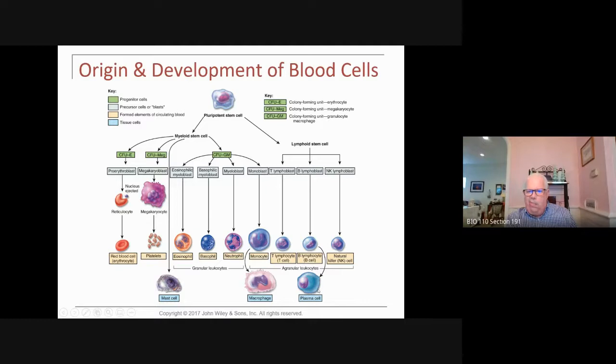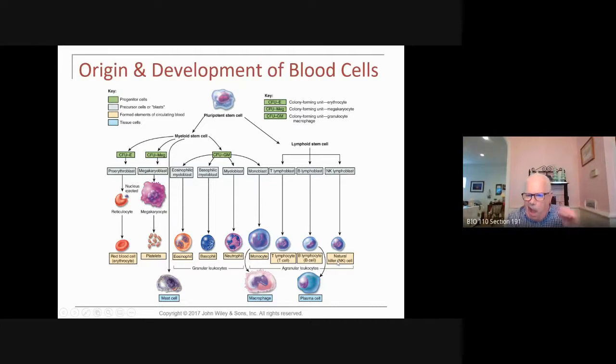We will talk about plasma cells when we talk about chapter 22, immunity, okay? And there is a disease of the plasma cells called multiple myeloma, which we will certainly talk about. The NK lymphocyte produces the natural killer cell, okay?